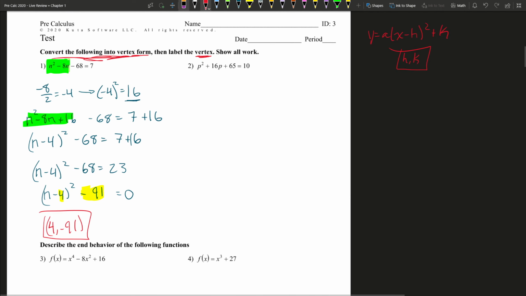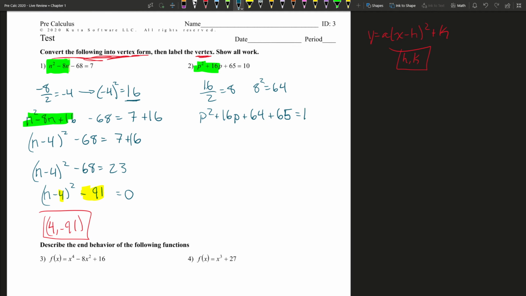Okay, so we'll do the same on the other problem. What we add on the left-hand side, we have to add on the right-hand side, and then we just work on factoring.